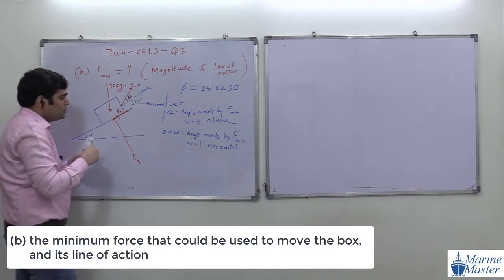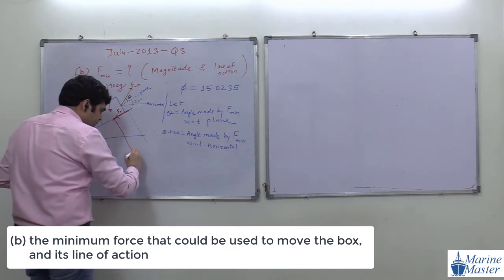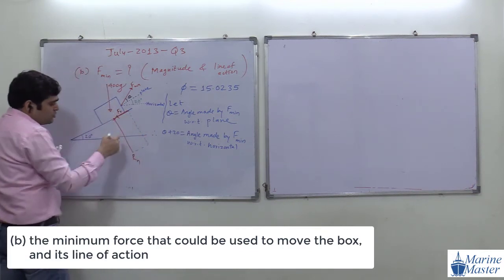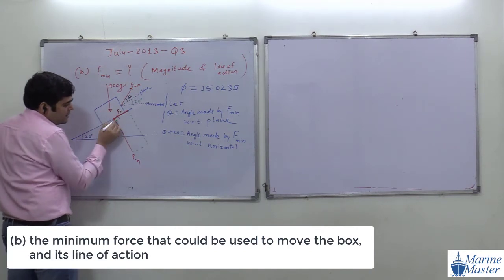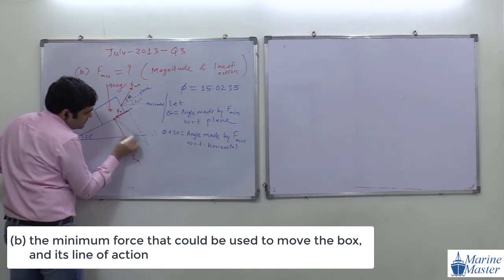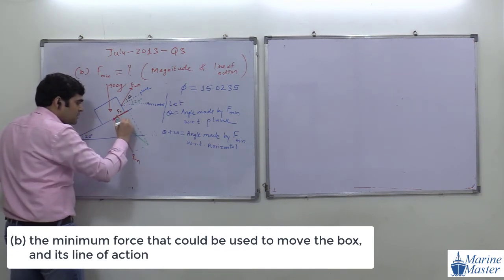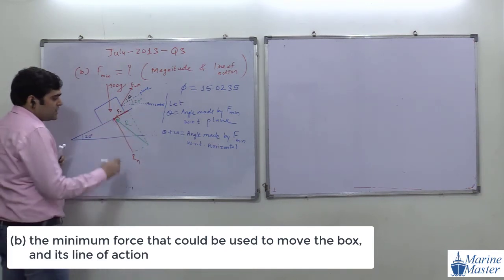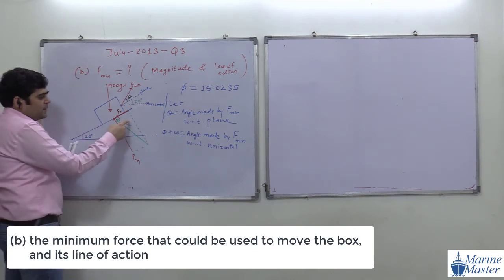So what are we going to do? We are going to replace these 2 forces by their resultant. What will be the resultant of Rn and Fr? The resultant will be R. R means the resultant reaction. And what is the angle between R and Rn?